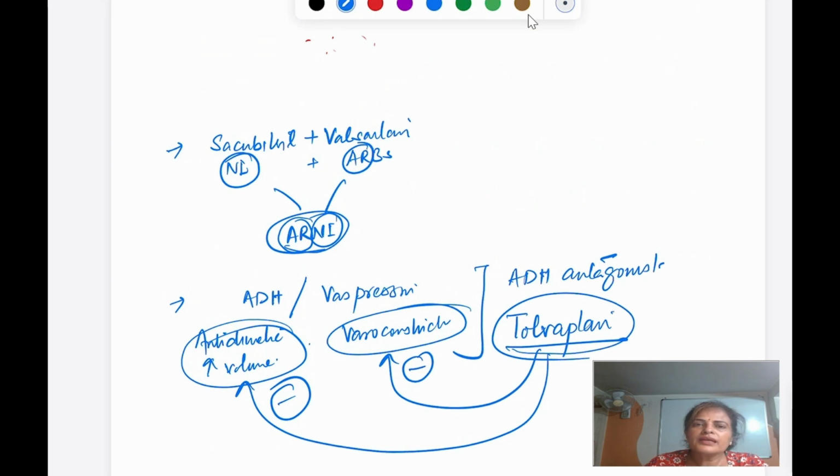Then cardiac glycosides, we have digoxin. So these are the inotropic. Now the drugs which decrease the workload are vasodilators: venodilator, arteriolodilator and mixed dilator. You write that. So these are the drugs which take care of symptomatic relief.